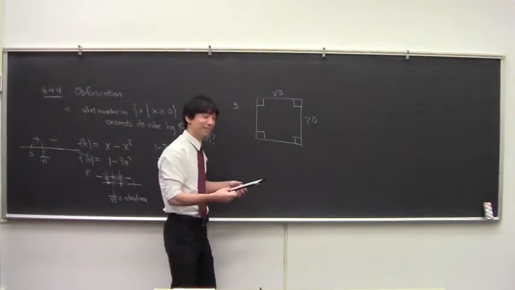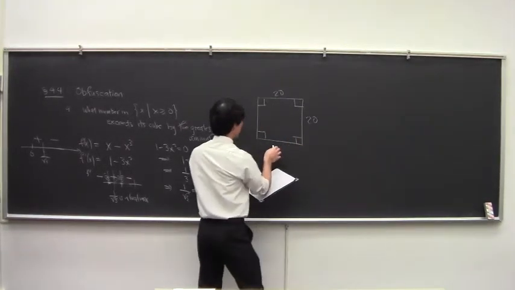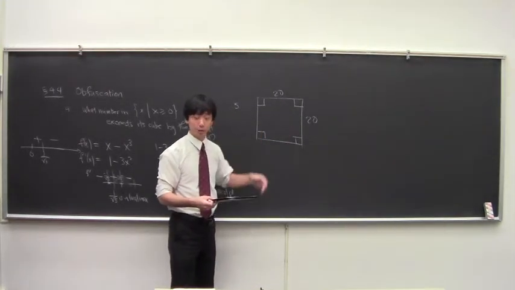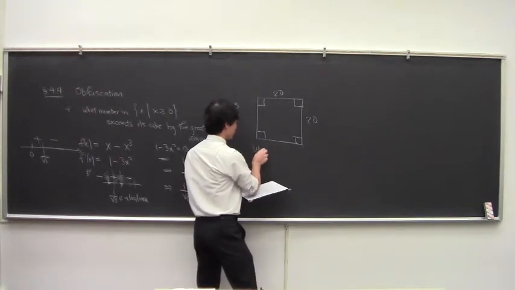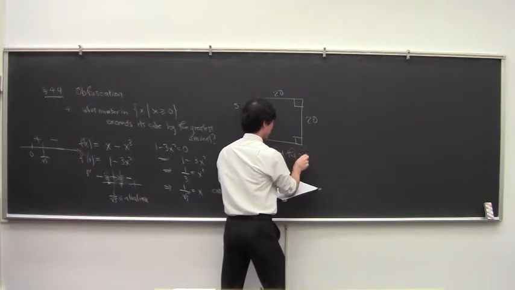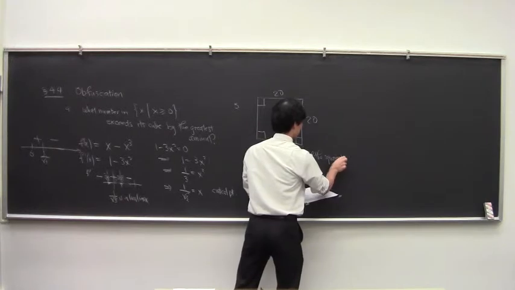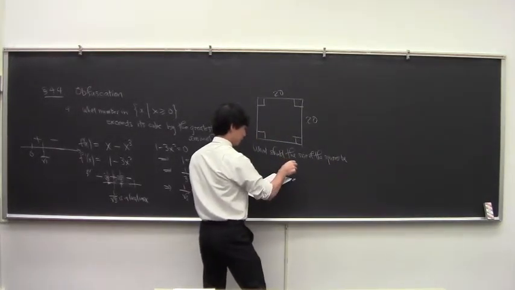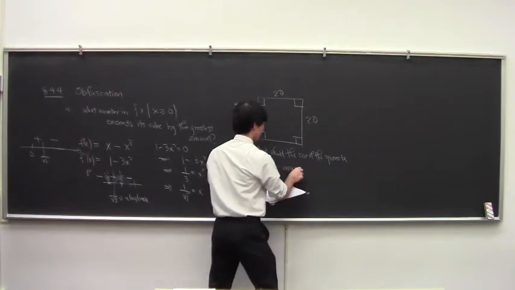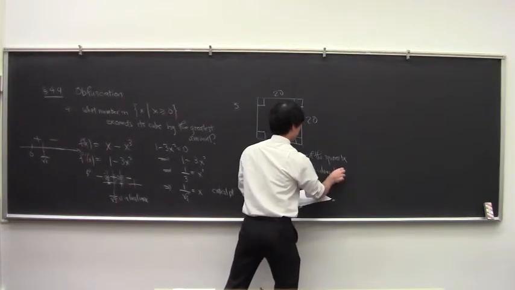So you're going to end up with a box with no top. And the question is, what should the size of the squares be to maximize the volume of the box?